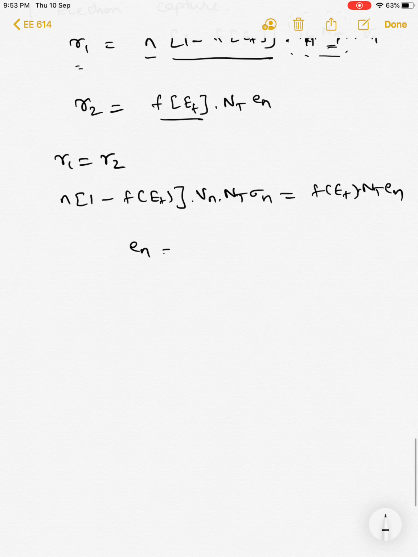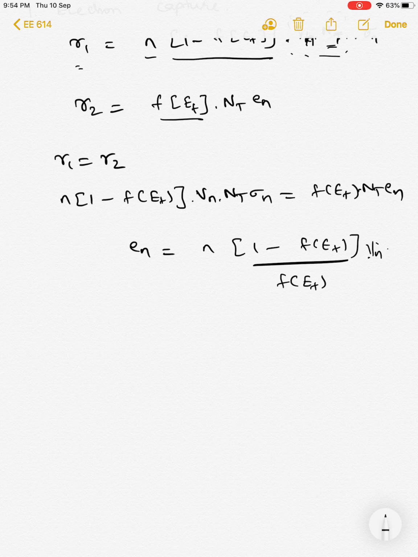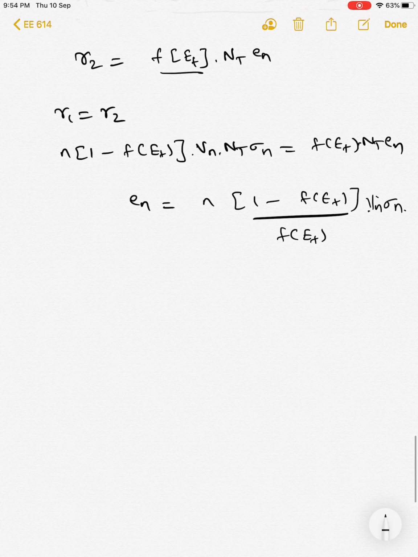And En will turn out to be, Nt you cancel, n into 1 minus f of Et by f of Et into Vn sigma n. So basically you can write this, I'm going to replace f of Et as capital F, as 1 by F minus 1 into Vn sigma n.